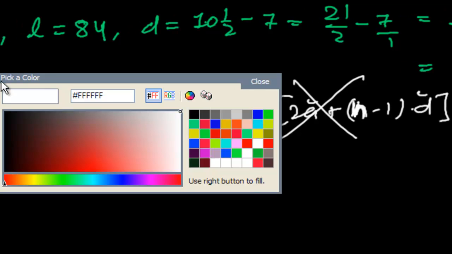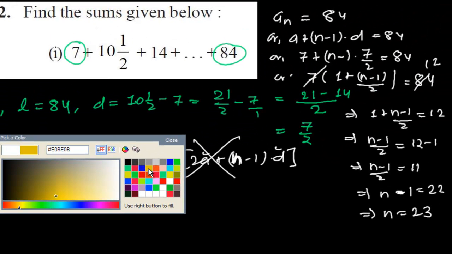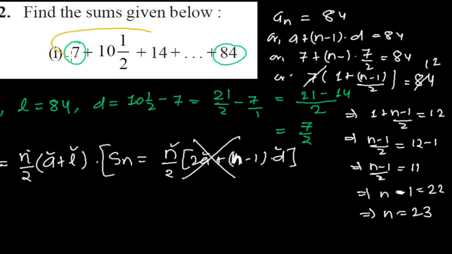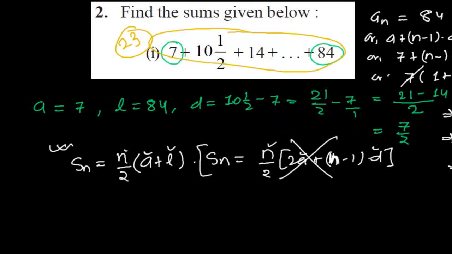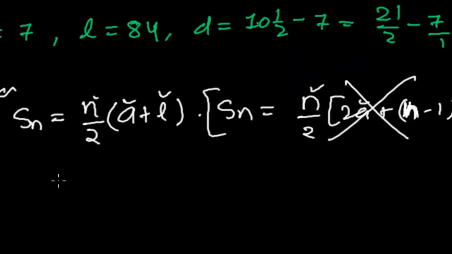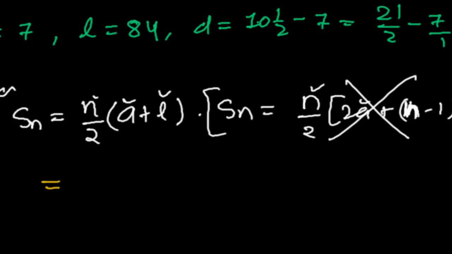So what we get now is that there are 23 terms in this series. Now by applying all the information in this formula, we can easily calculate the sum of this series. n we have recently found out, that is 23 upon 2. Again, a, the first term, is 7 and the last term is 84.